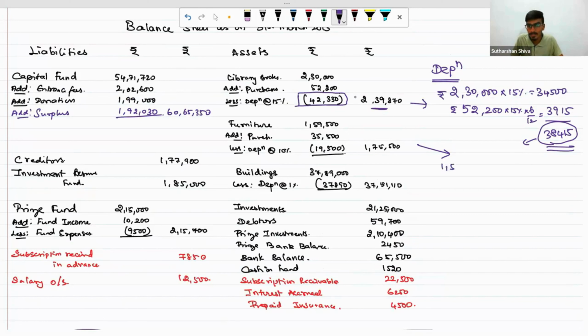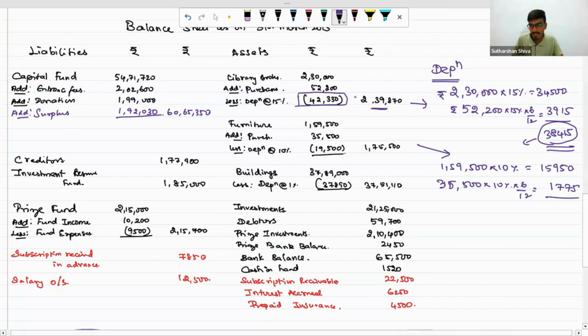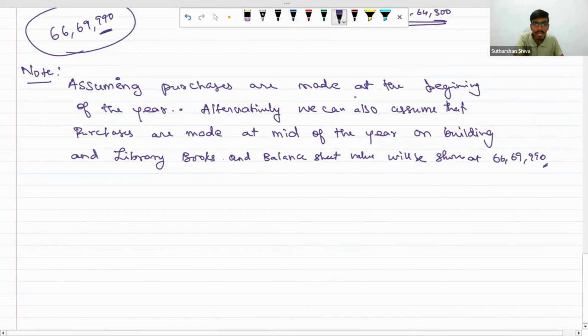Then in this case also, 1,59,500 into 10% is equal to 15950, and 35,500 into 10% into 6 by 12, divided by 2, we will get 1775. If we add 15950, you will get 17,725.